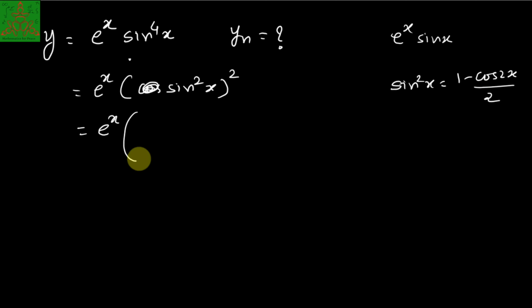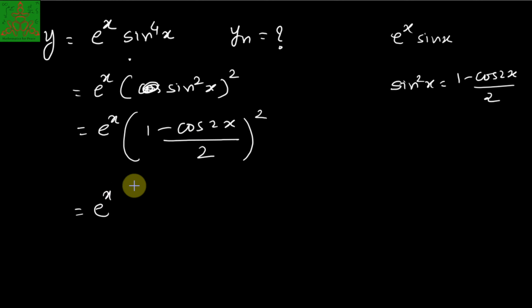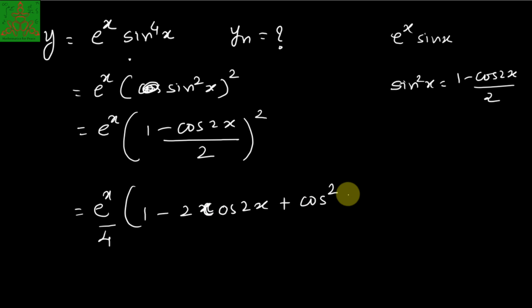Using that we can say it is 1 minus cos 2x upon 2 whole square. So if you simplify this one, 1 by 4 is common, 1 minus 2 cos 2x plus cos square 2x.